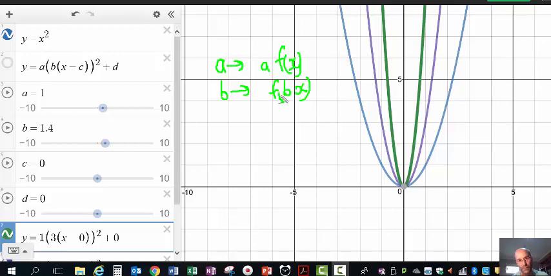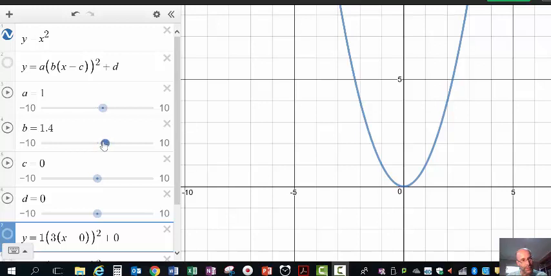So see how the b is involved in the function, and that was the squaring part before. By the way, we're going to be doing c, and c is f of x minus c. Some people use a plus there, I'm going to use a minus. And d is f of x plus d. So get a copy of those: A times f of x, f of bx, f of x minus c, and f of x plus d.